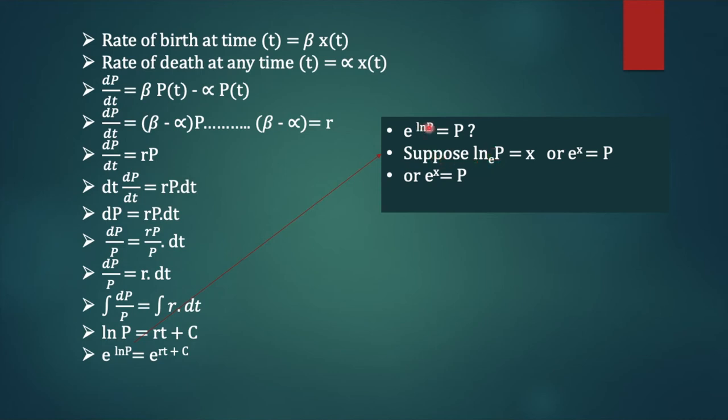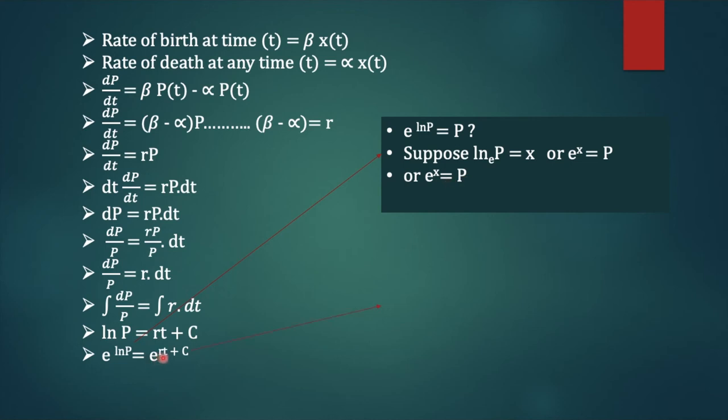Suppose ln P, which is log base e of P, is equal to x, which means e to the power x equals P. So ln P means x. If we consider e to the power x, because ln P is x, then e to the power x is P.